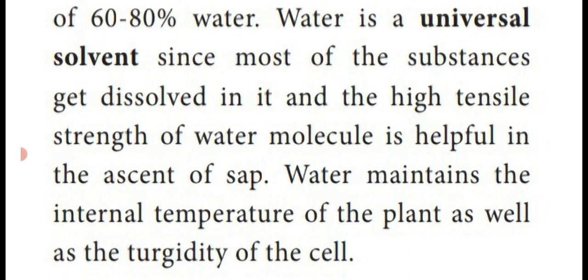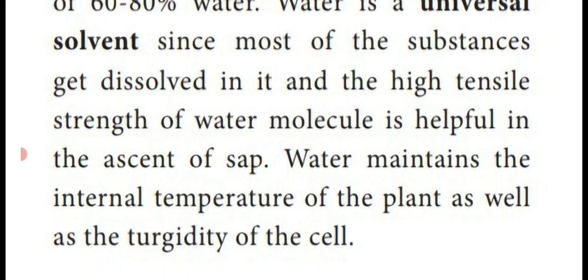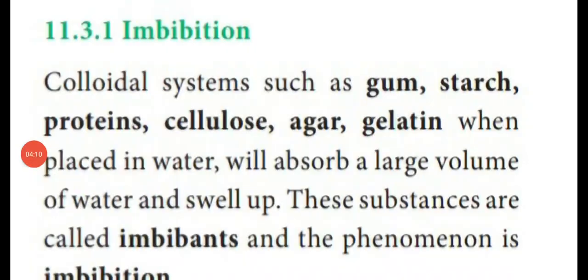But if the plant parts contain watery substance, the plant looks straight, thick and firm in appearance. That is said to be turgidity of the cell. That turgidity of the cell is maintained by water. So that is said to be the plant-water relationship.